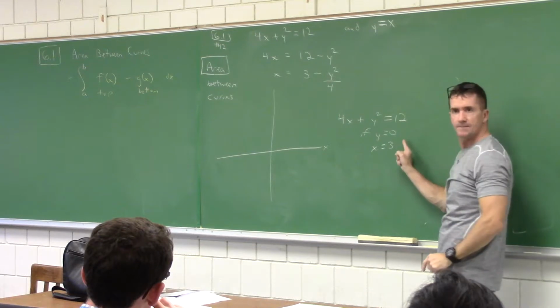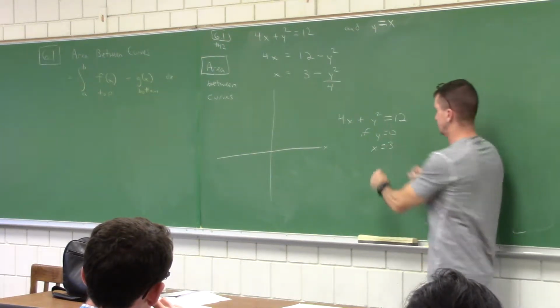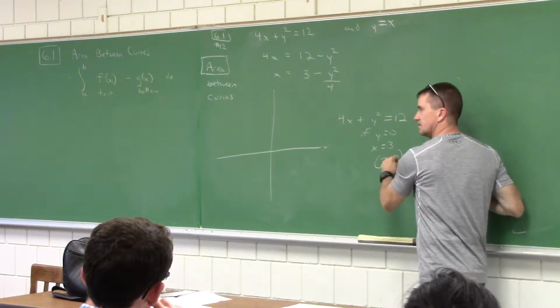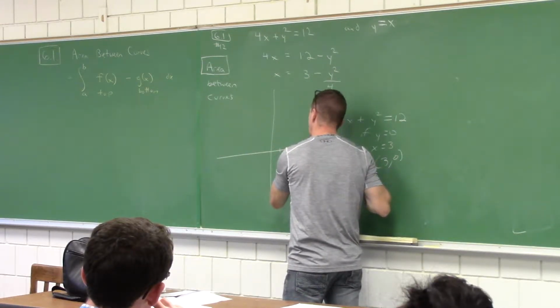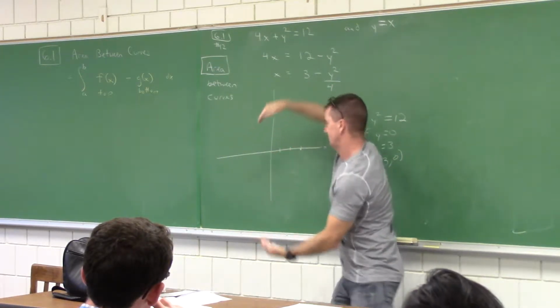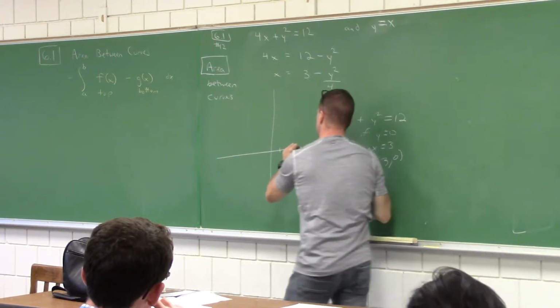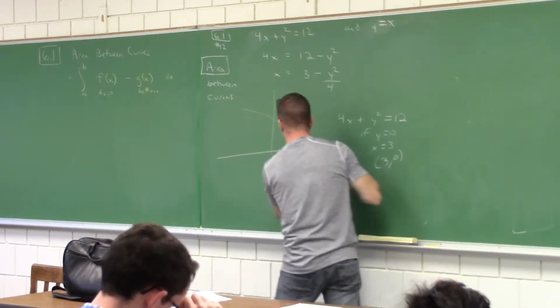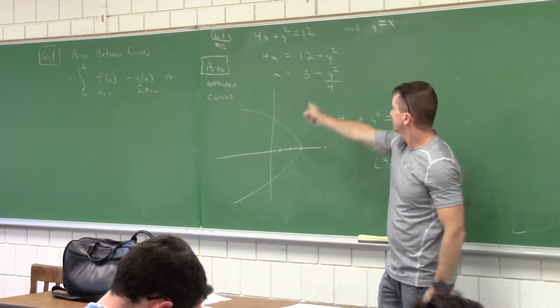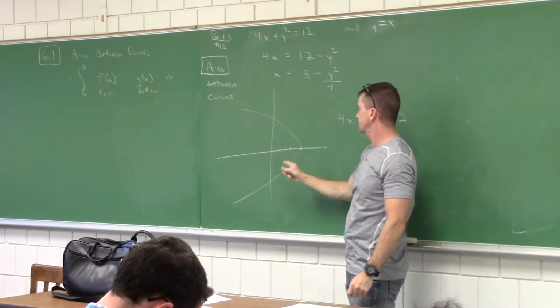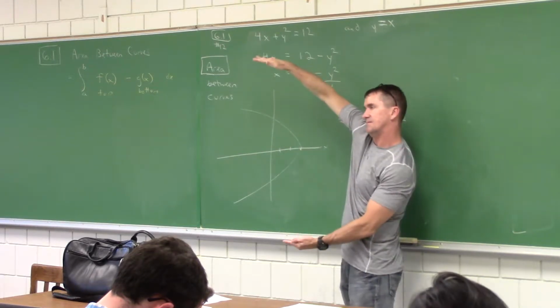Is that a point on that curve? 3 comma 0? Let me put it. It's the vertex, isn't it? But which way is this thing opening up? Like that. All right, doesn't have to be perfect. That's one of the curves. That's that curve, right? Shifted over 3, and then it what?